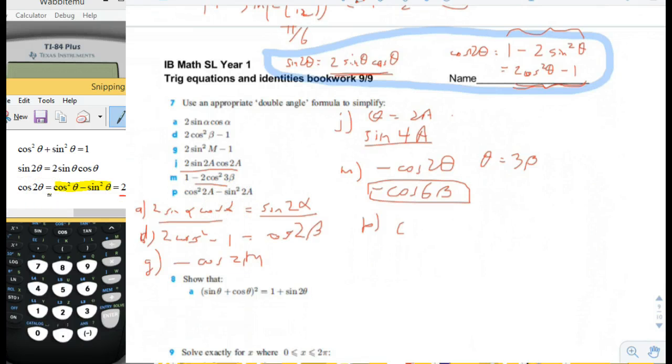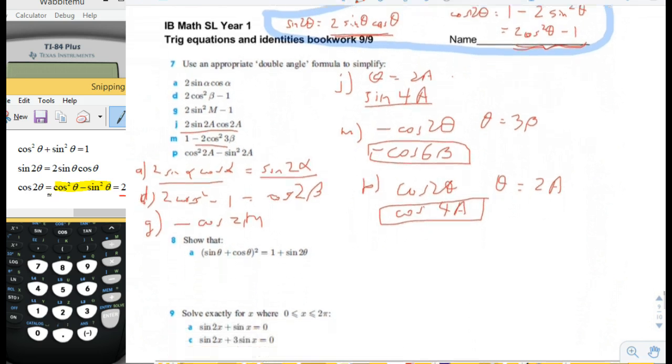But in this case, theta is equal to 2a. So cosine of 2 theta is actually cosine of 4a. Okay? All right. Moving on.